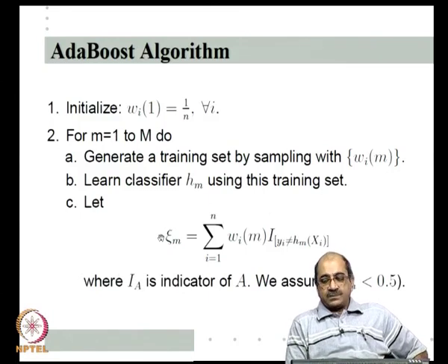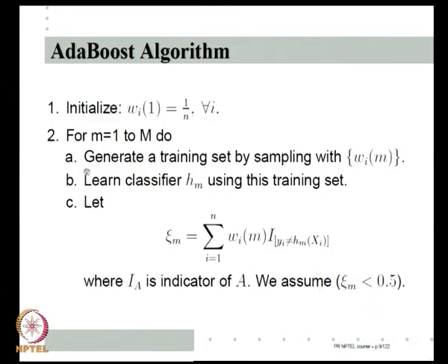We learn it, and then we calculate the error. J_m is the weighted error. See, the indicator of y_i not equal to h_m(x_i) simply means on this example I made an error, and the error is weighed by the weight of that example at this time.